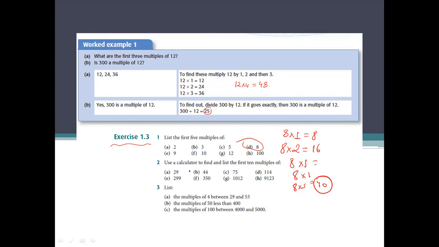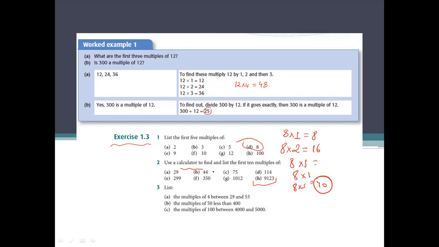And the second one: use the calculator to find and list the first 10 multiples of the big numbers. For example, option H, 9,123. We need the first 10 multiples of this number. How can you solve it?